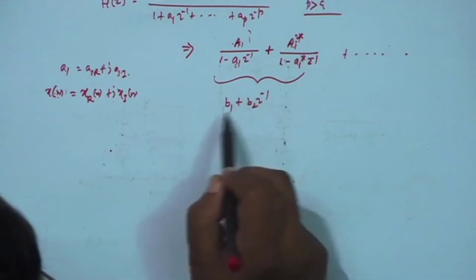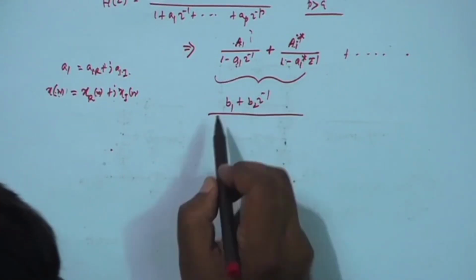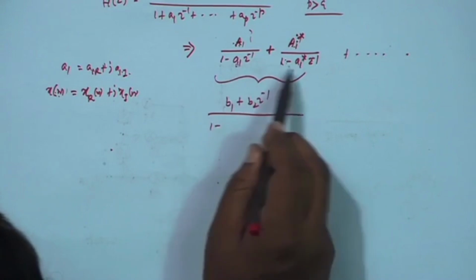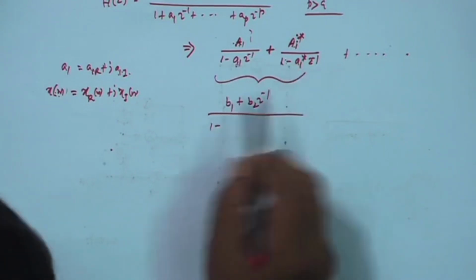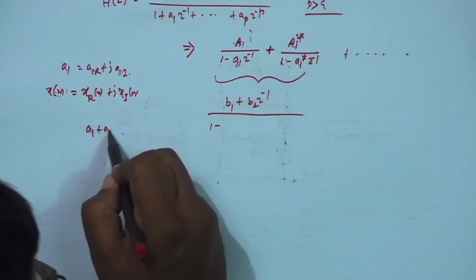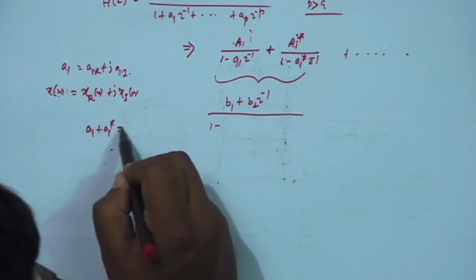So, this is what you get in the numerator. In the denominator, you have got 1 minus (a1 plus a1 star) Z inverse.